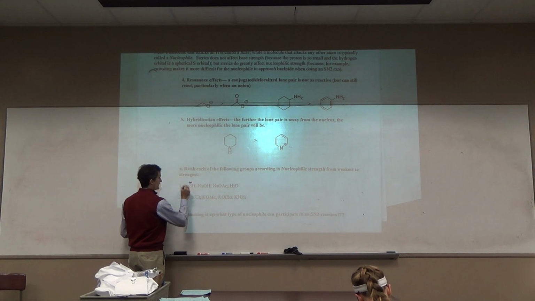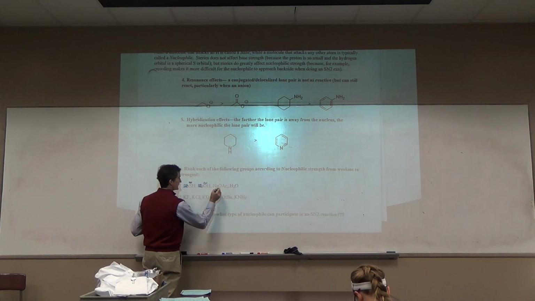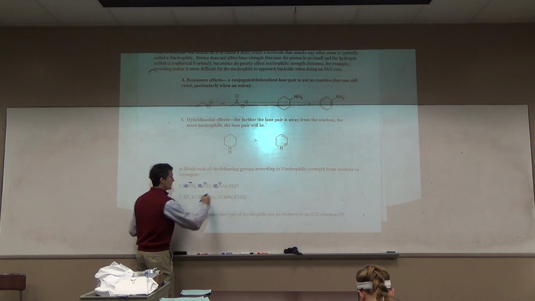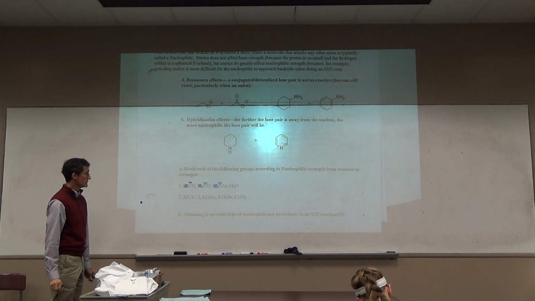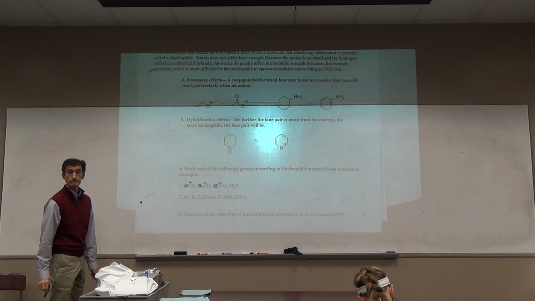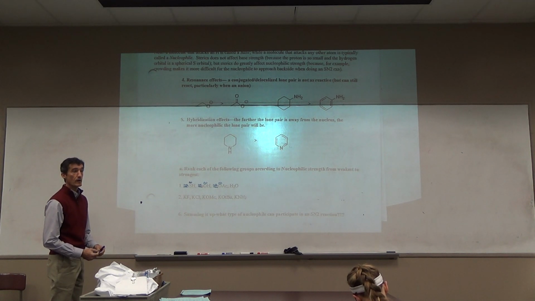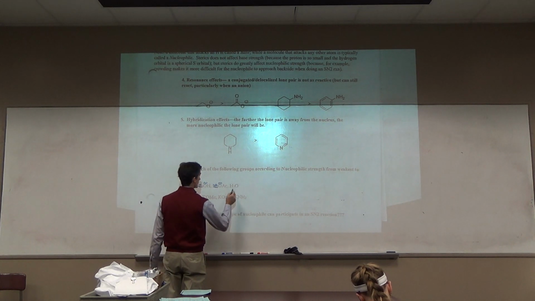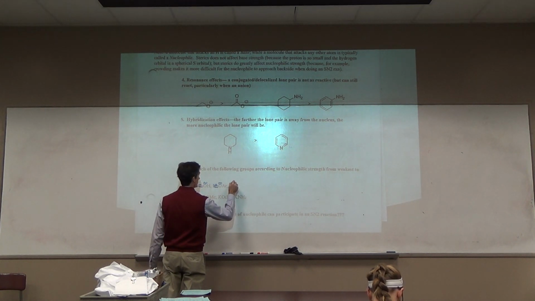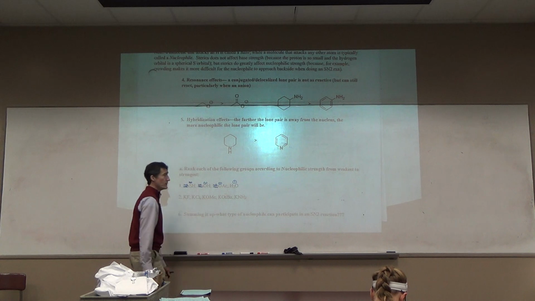Of course, these are all minuses, so you can get rid of the minus. Which is the weakest? Water. Why? It is neutral. Water's 1, being 1 the weakest.